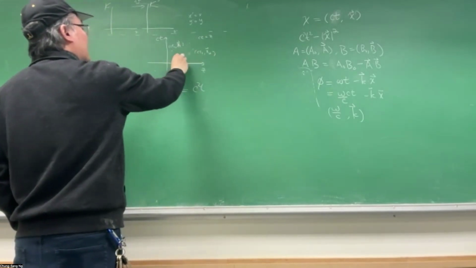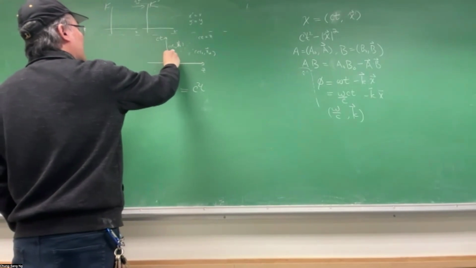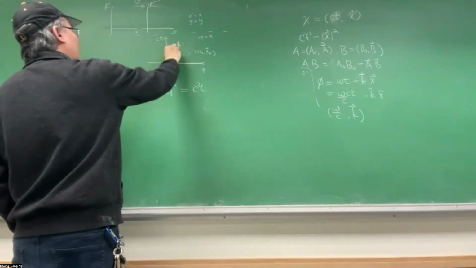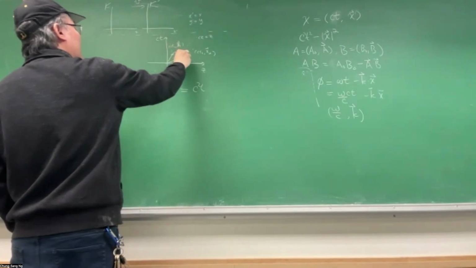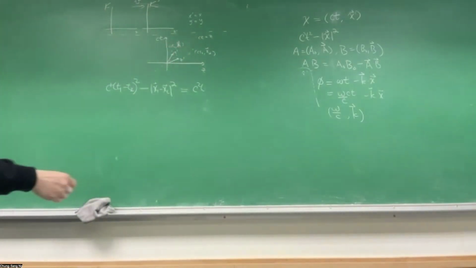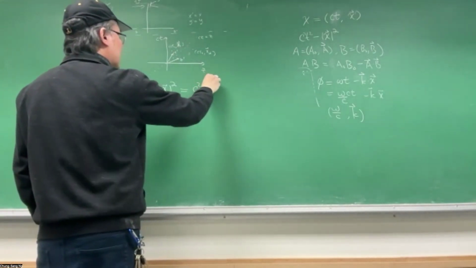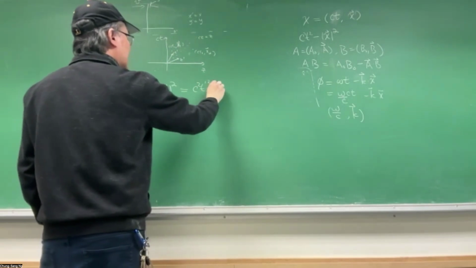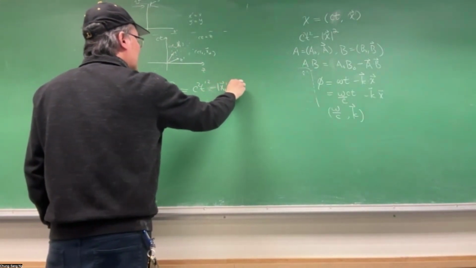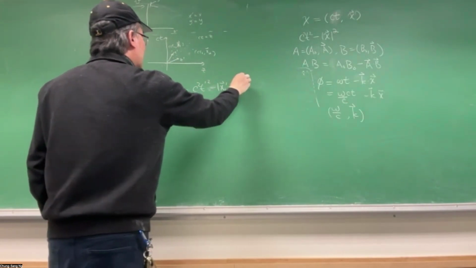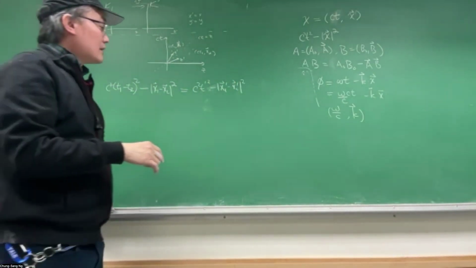So you imagine that you can do a transformation, a Lorentz transformation, to another frame. We already talked about that. If you change to the other frame, it should be the same: point 1 minus point 2.